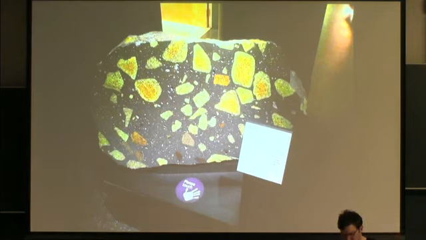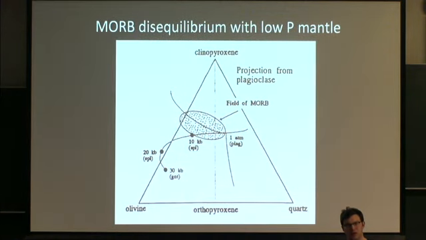So one of the very first constraints that we should consider when we're thinking about how melt transport works in the mantle is something that was picked out many times, but in the review paper from Peter Kelemen in the late 90s, demonstrated that mid-ocean ridge basalt sits on this phase diagram.